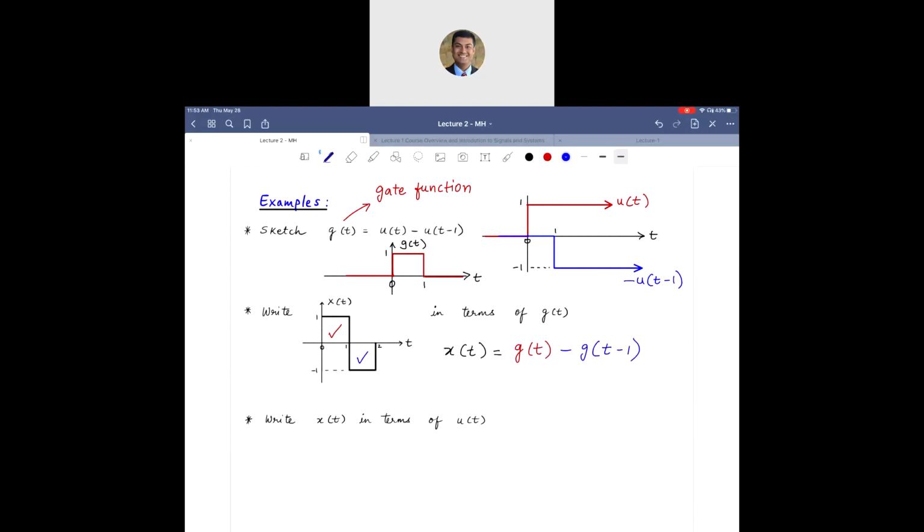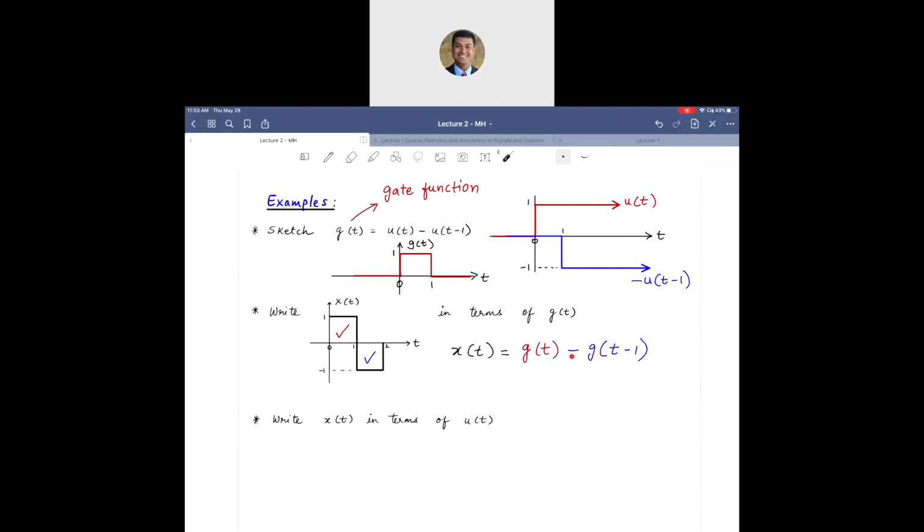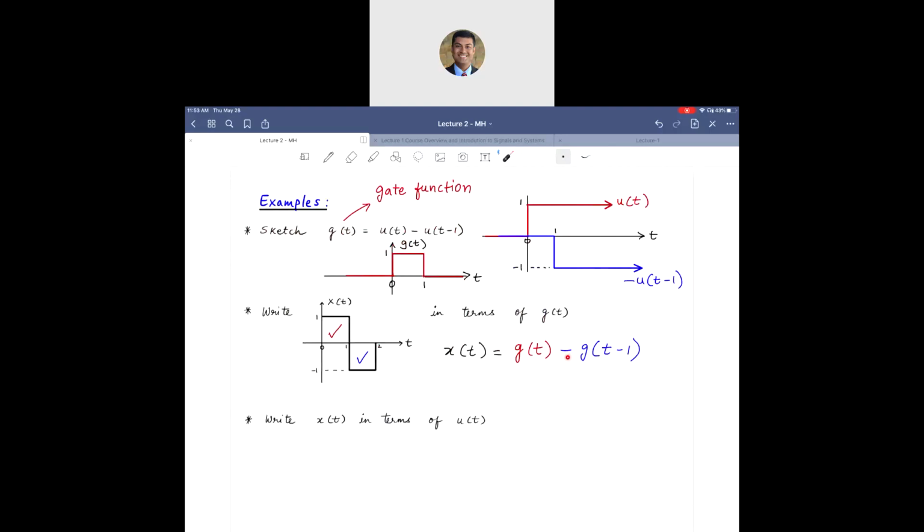The gate function is being flipped about the horizontal axis. That's why the negative sign. And then it is also getting delayed or moved to the right by 1 time unit. So that's why there you have a minus 1. So x of t can be written as g of t minus g of t minus 1. I've color coded it for clarity.